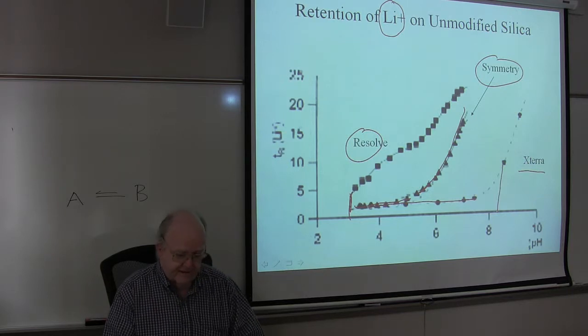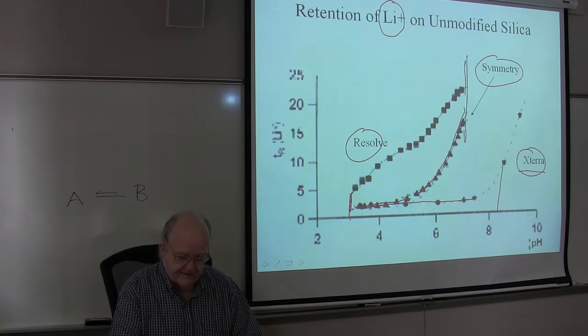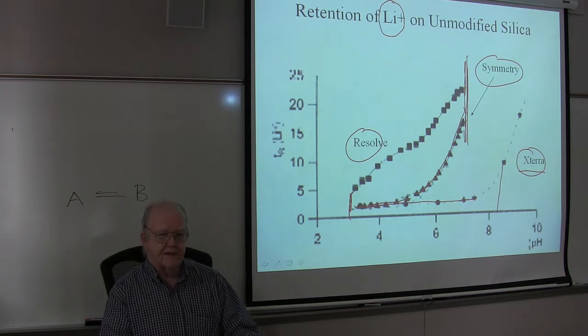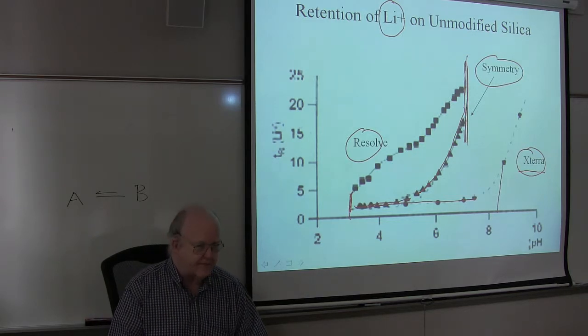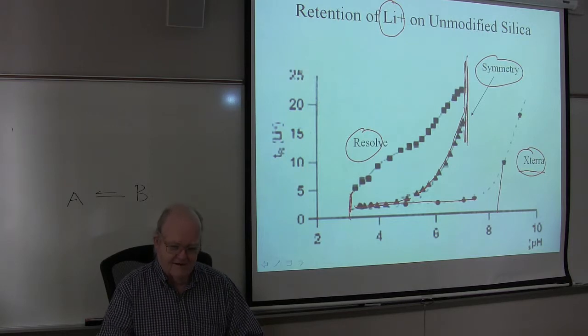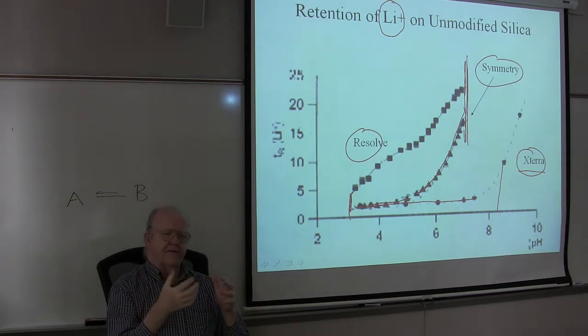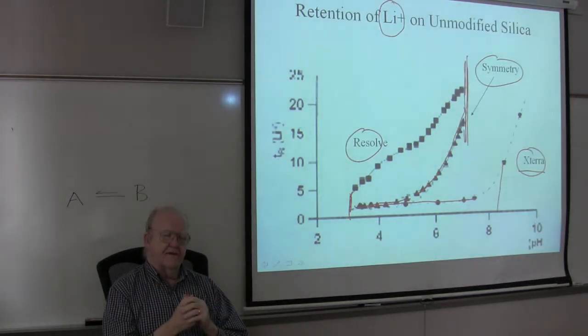That was one reason. And another reason they did it is that this phase is really rather stable in basic solution. These 2 phases here, if they took them up to pH 8, the column wouldn't last a day. The silica underlying the stationary phase would be etched out. It would be dissolved into the alkaline mobile phase.